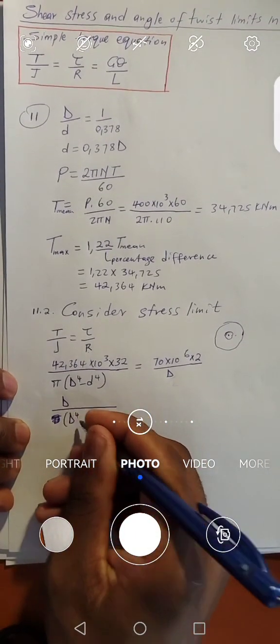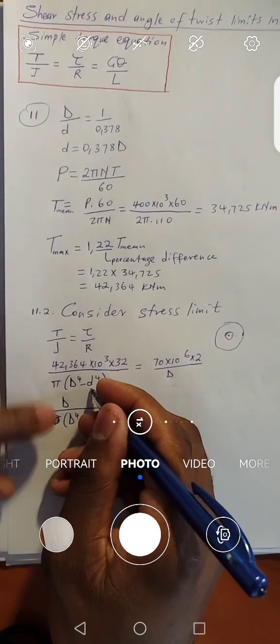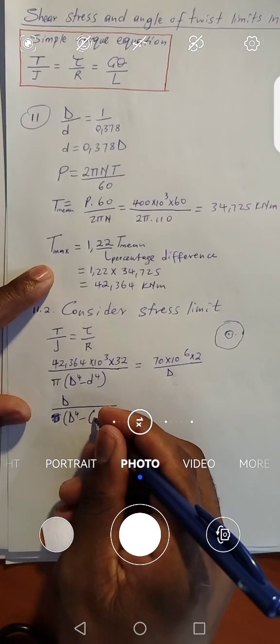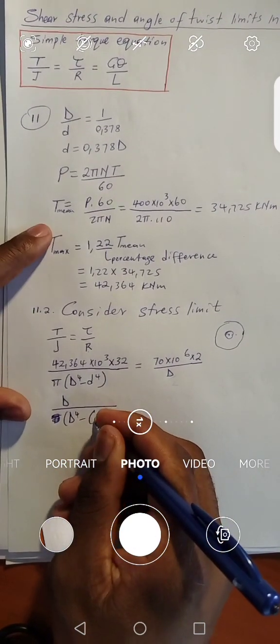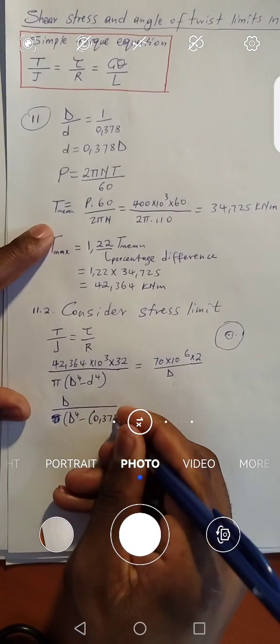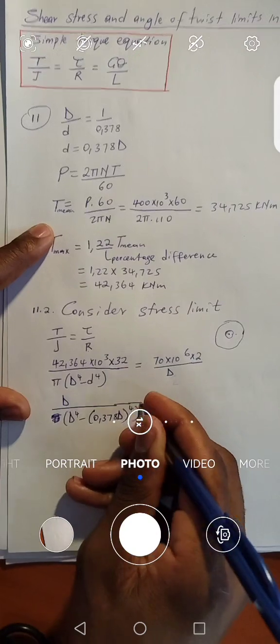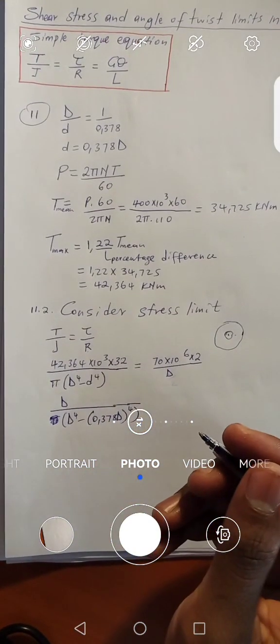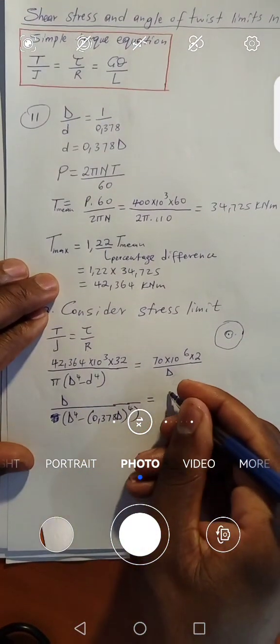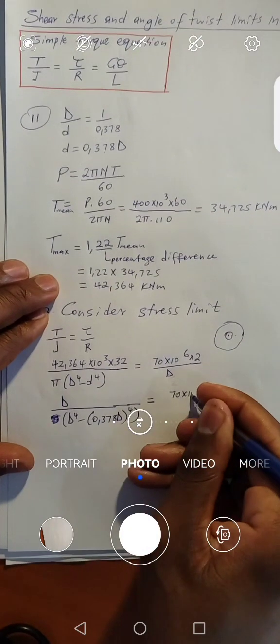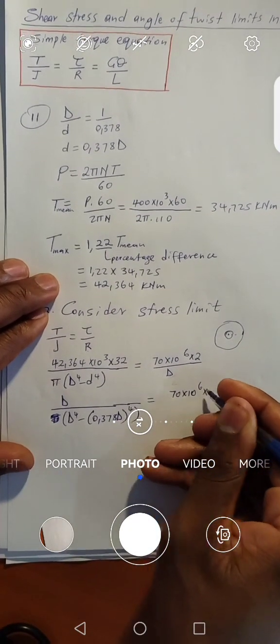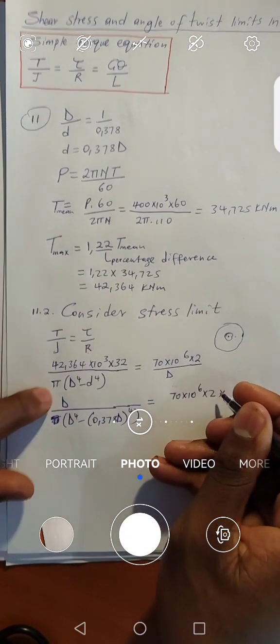So I'm going to have D to the power 4 minus, remember, the small d equals 0.378 capital D, all to the power 4. Remember that. This equals 70 multiplied by 10 to the power 6, multiplied by 2, multiplied by this pi.